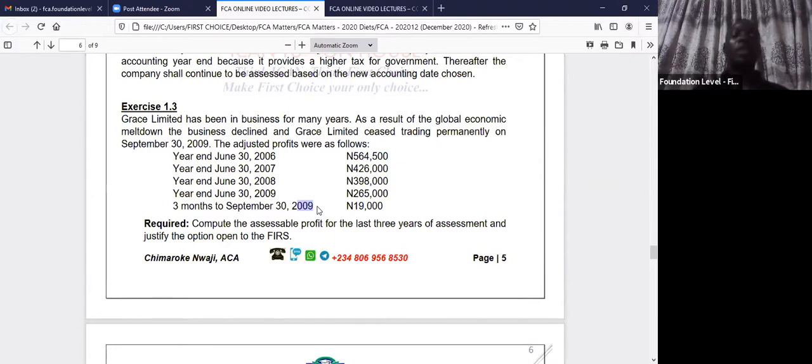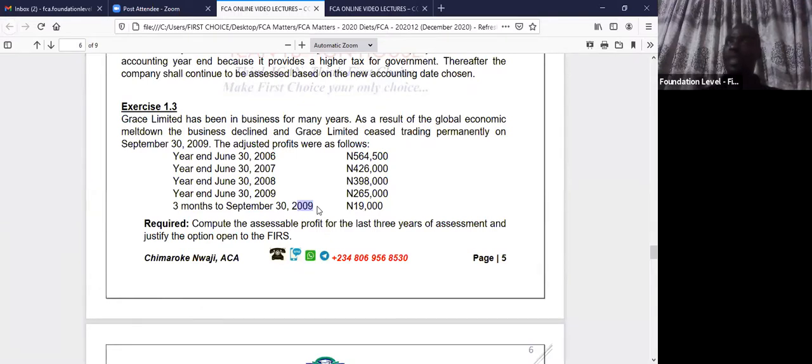So how do we treat the penultimate year and the ultimate year? Normally, we recognize the ultimate year first because it is when the business ends that you say, oh, this year is the ultimate year. You cannot say, oh, the year before must be the penultimate. So you may not know the penultimate until you have actually lived to see the ultimate.